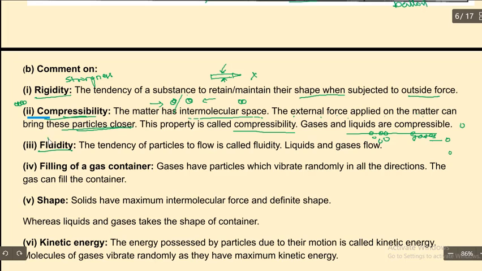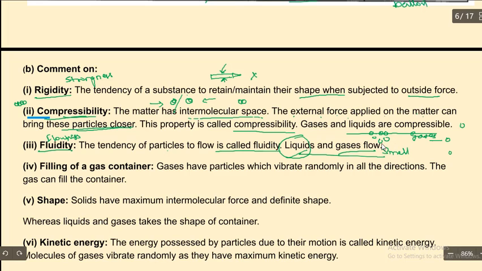Fluidity is nothing but the flowness, as I said. The tendency of particles to flow is called what? Fluidity. Liquids and gases are going to flow. So you may have the doubt, if you drop liquid or throw water on the floor, you are going to see the flowing of the water, right? That is nothing but liquids. How will gases flow, you are going to think. So as I said earlier, we have the smell, right?